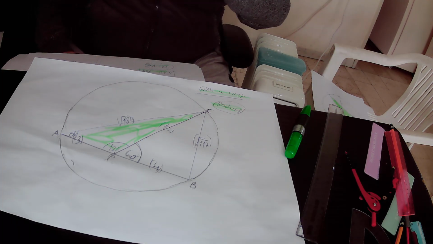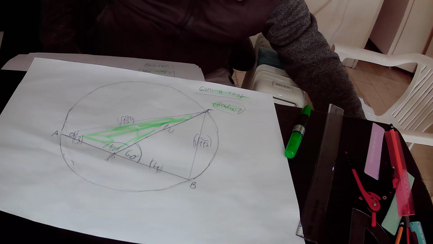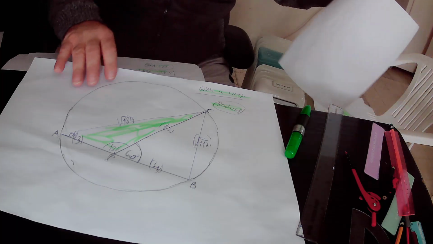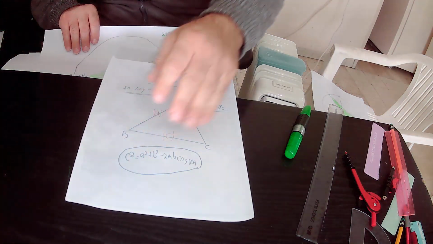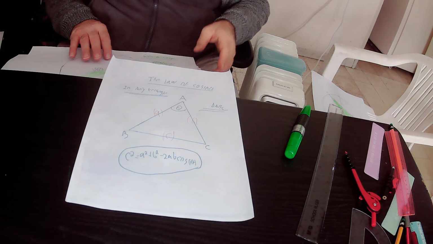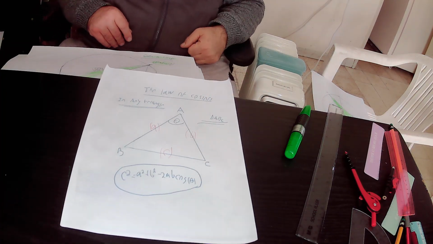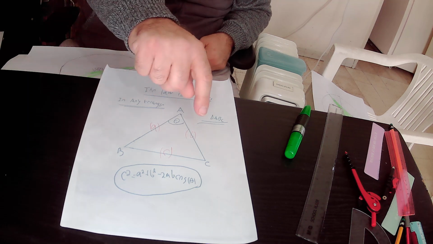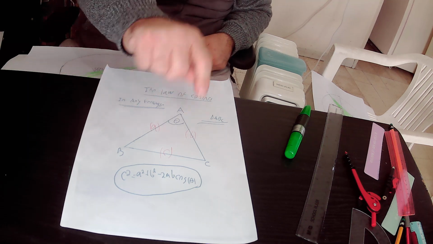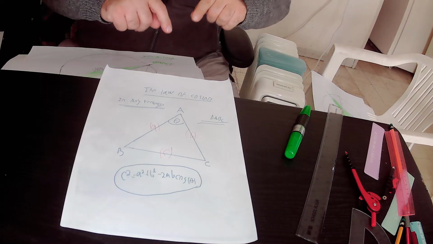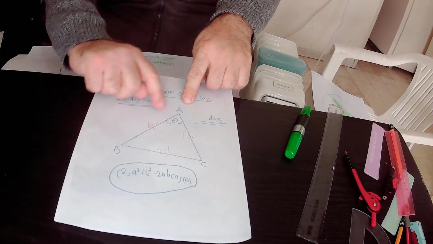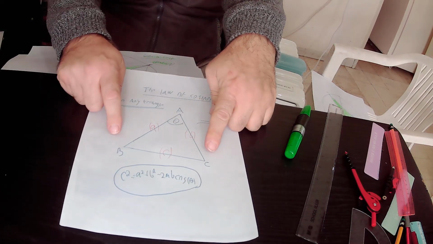In the next step, we implement the law of cosines on all three triangles. So we click on the law of cosines. The law of cosines is true in any triangle. So this is triangle ABC, which could be any triangle. The length of side AB is A units, side AC is B units, side BC is C units.